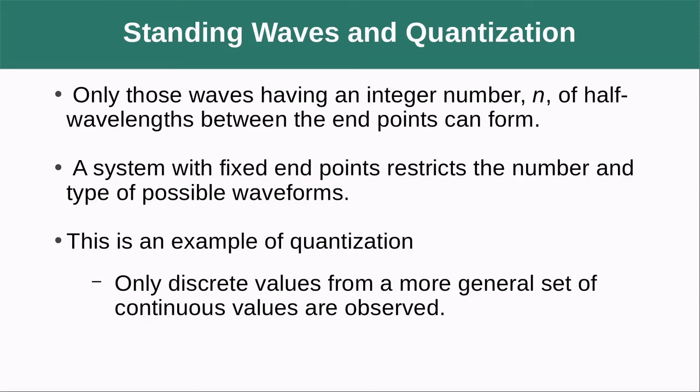Basically what happens is if you have a standing wave, the standing waves can't just be any number of waves between 2 points. It actually has to be what they call half integers, or n times 1/2 wavelengths between the two endpoints. So this only leads to discrete values that are possible.